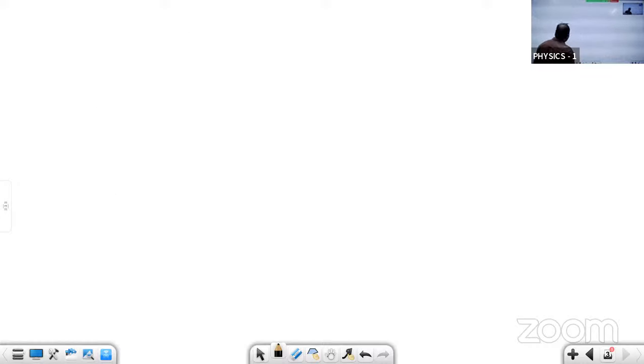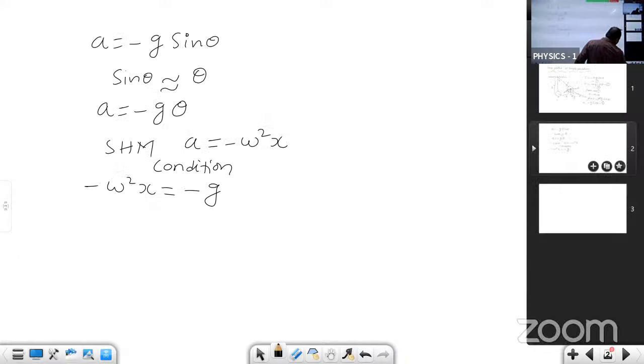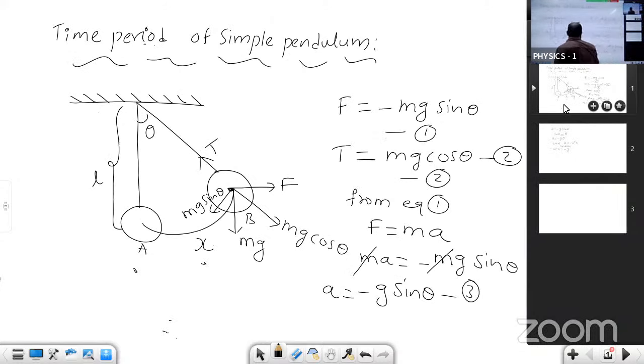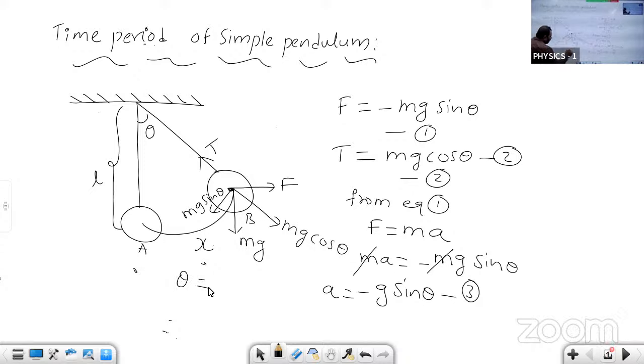Theta, meaning angle theta equals arc per length.